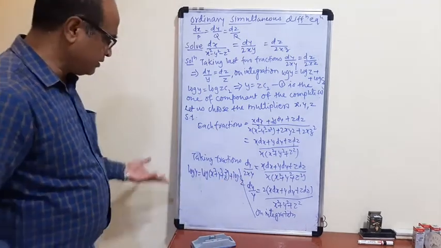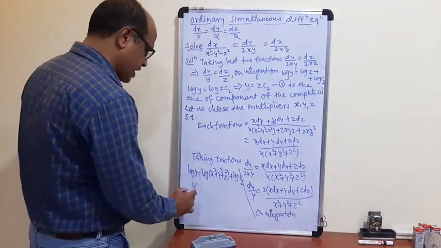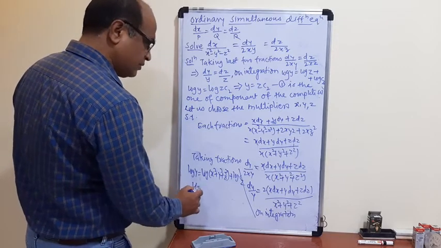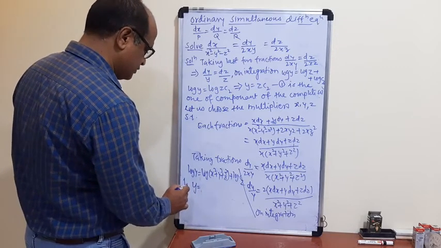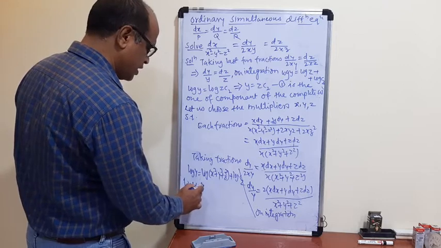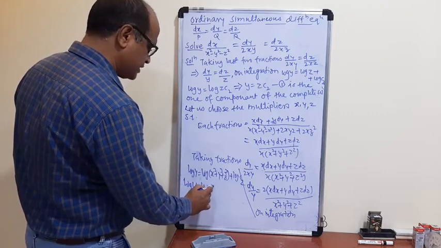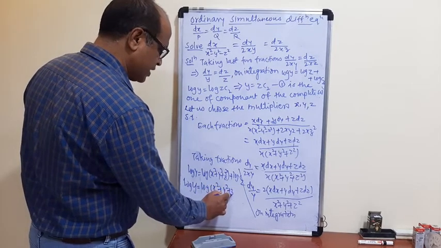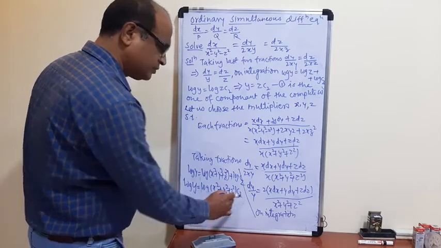Then what is the solution? So log y is equal to log of x square plus y square plus z square into C2.